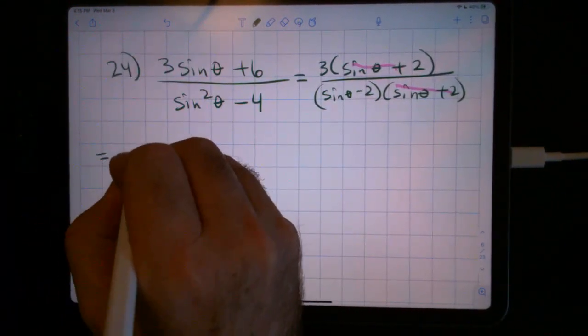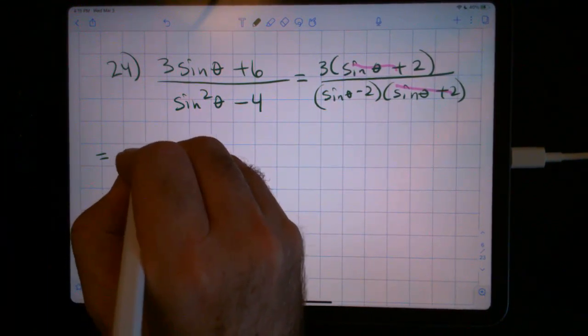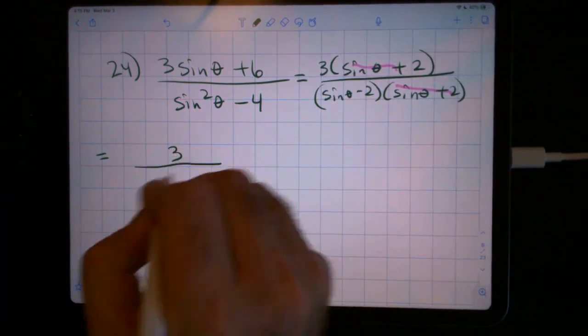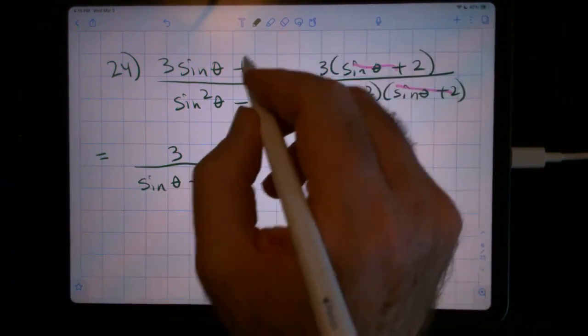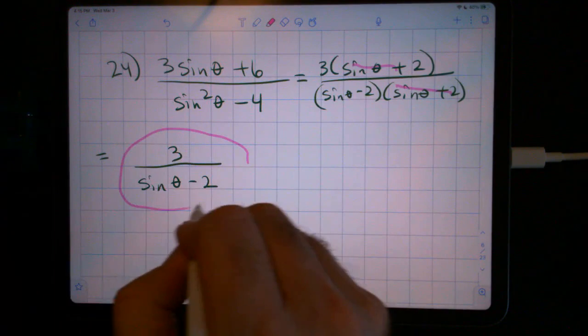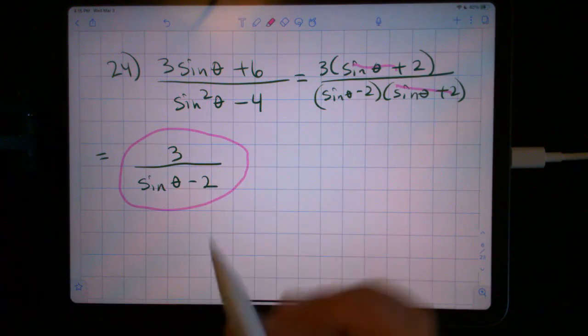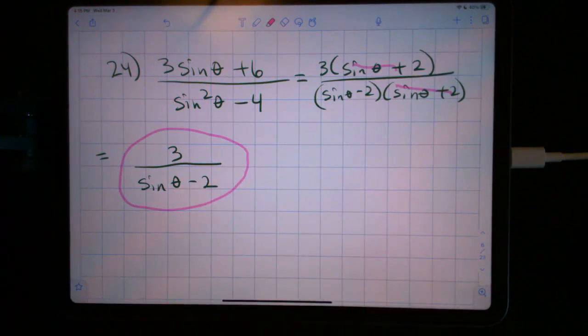So we have, I'm not going to convert this into any form of cosecant because we're subtracting 2. I think this will be about as simple as that problem gets. All right. Thank you very much.